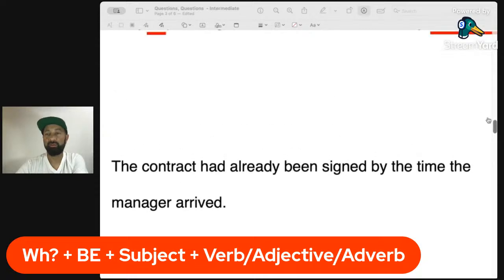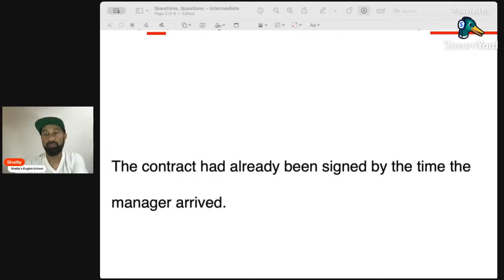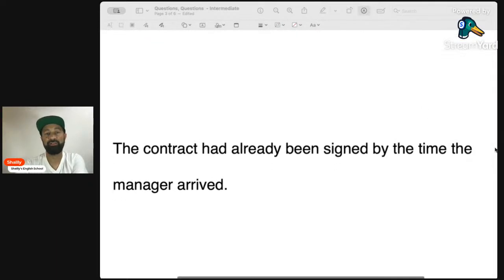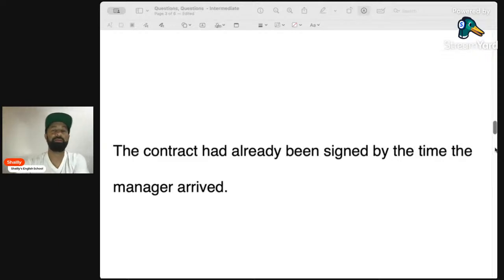All right, so we've got the answer there. We're starting to get a little bit more difficult now with our question. The answer here says: the contract had already been signed by the time the manager arrived.